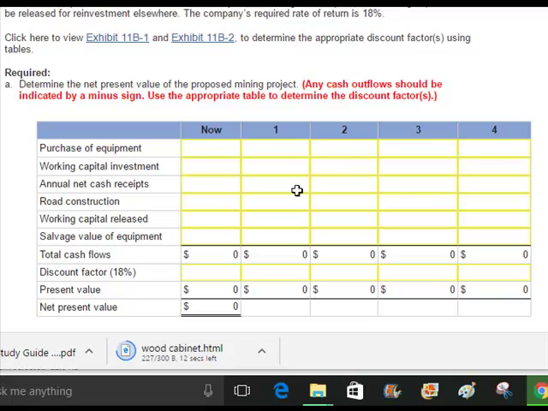So once you get the figures as whole amounts in the applicable columns, you'll then total the columns. And then for your discount factor, you're going to go to the present value of a single amount table for each of the 4 discount factors.